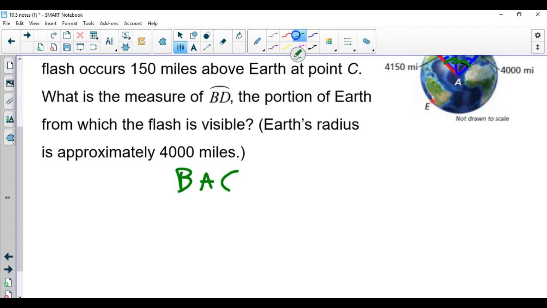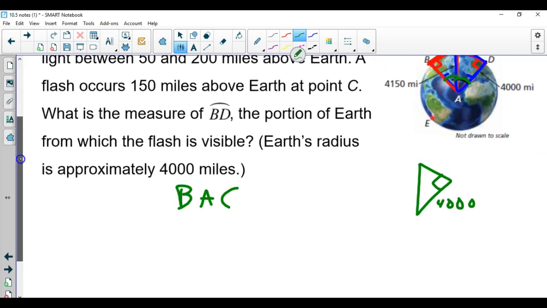So if we think about this as a triangle here, and this is 4,000, and this is 4,150. Well, what do we have? From this angle, we have the adjacent side and we have the hypotenuse. So adjacent and hypotenuse is cosine.